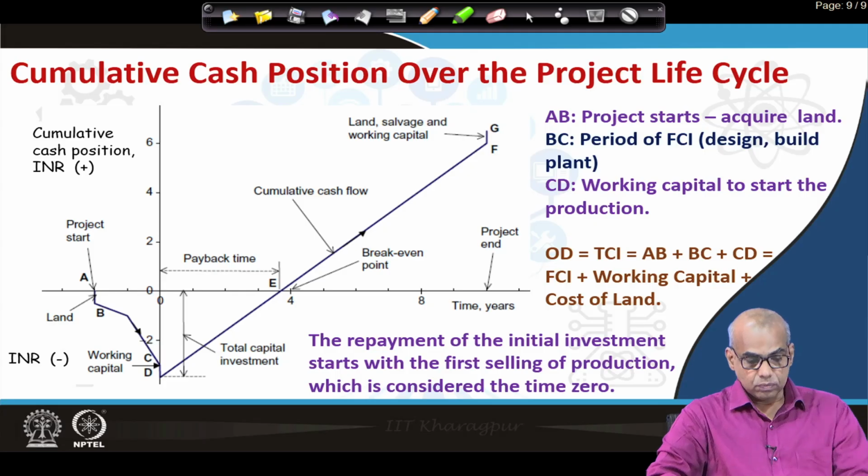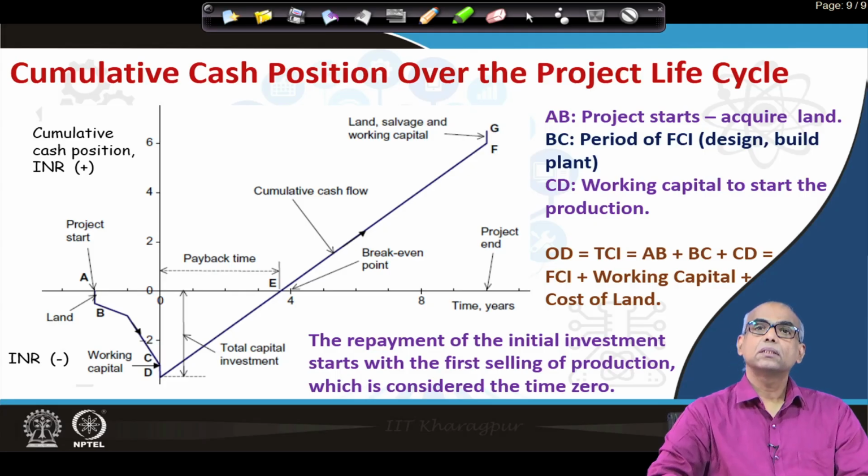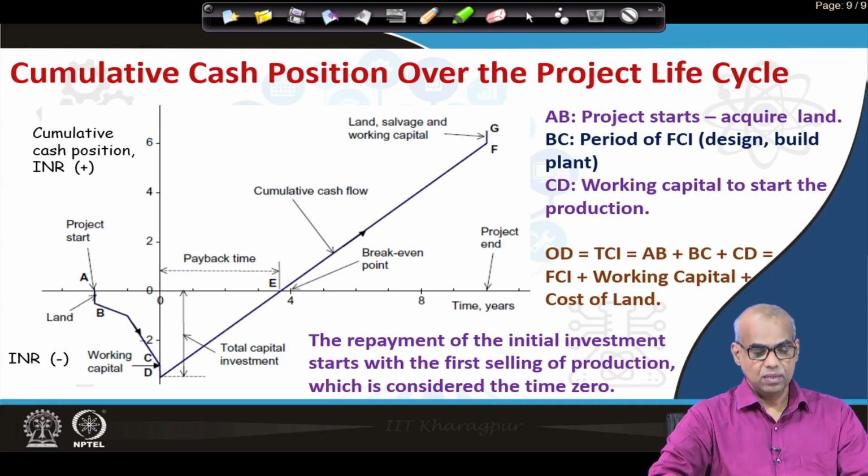Now, at point D, your operation starts. Point D corresponds to time t equal to 0. So, your operation starts, products are sold in the market and the company starts earning revenue. So, the repayment of the initial investment starts.